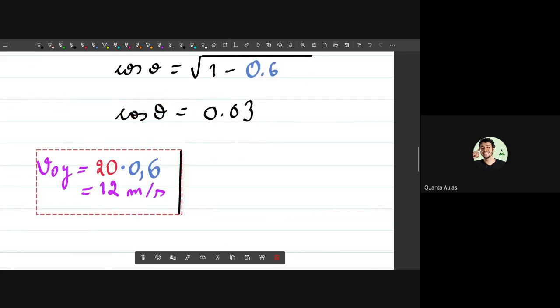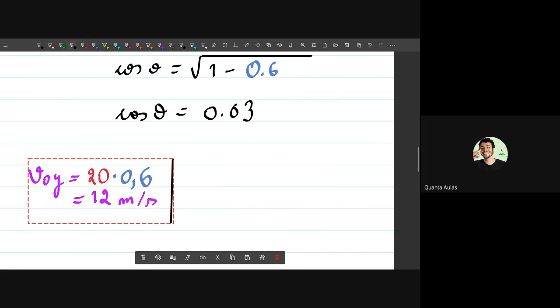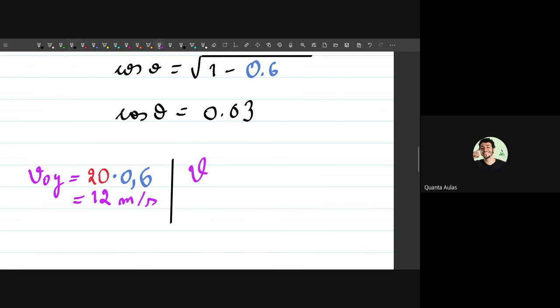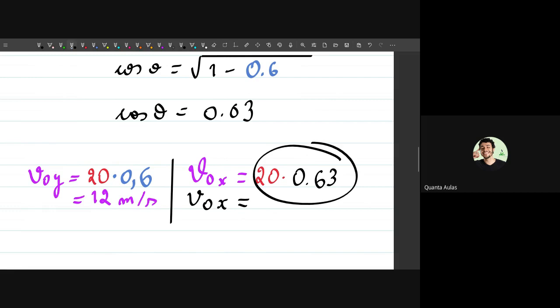Again, the x-axis is 20 times the value of the cosine, 0.63. Can you do this multiplication for me, please?